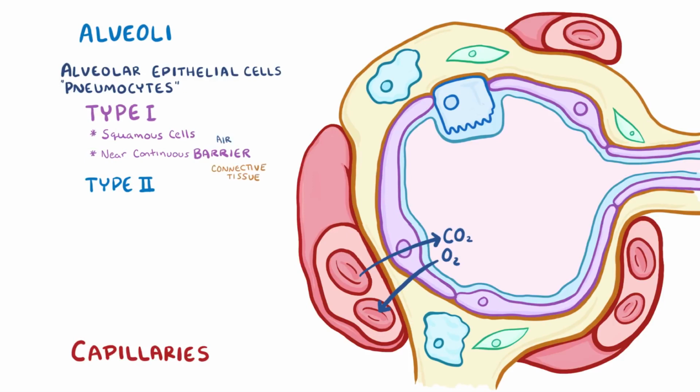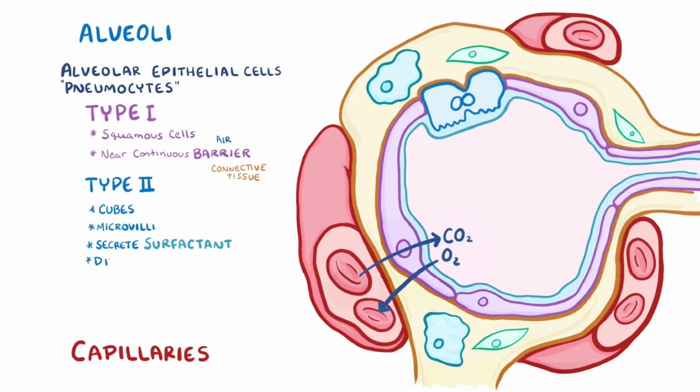Type 2 pneumocytes are studded throughout the type 1, and they're shaped like cubes, have microvilli to sweep away invading particles, and secrete surfactant, which is an oily mixture of proteins, phospholipids, and neutral lipids which prevent the alveoli from collapsing during exhalation. Type 2 pneumocytes also have the ability to divide and make more type 2 pneumocytes, and can also divide and become type 1 pneumocytes as well.